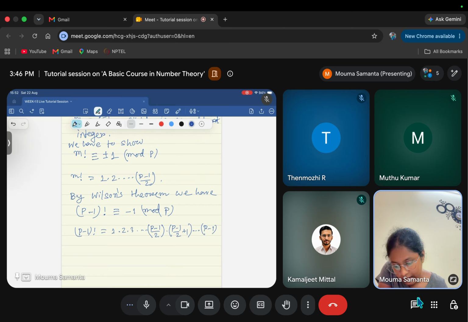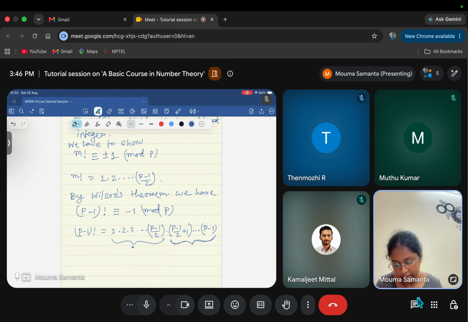Now see how many integers are here and how many integers are here. From 1 up to (p minus 1)/2, these are exactly (p minus 1)/2 many integers. Also, from (p minus 1)/2 plus 1 up to p minus 1, these are also (p minus 1)/2 in number.